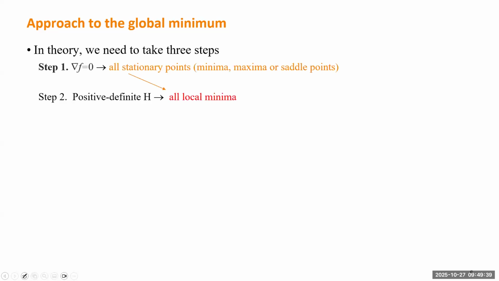The first step is we calculate the gradient vector and set the vector to 0, and we can find those stationary points, including minimum, maximum, and saddle points. That's not enough. The next step is we check the Hessian matrix to make sure it is positive definite. That will cross off some of those stationary points. And finally, we narrow down to the local minimum points.